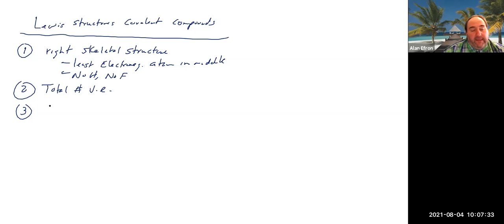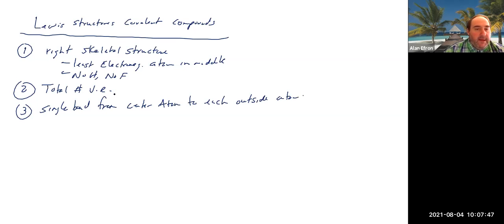Then you want to make a single bond from the center atom to each of the outside atoms. At that point, you're still going to have electrons to put onto your picture.